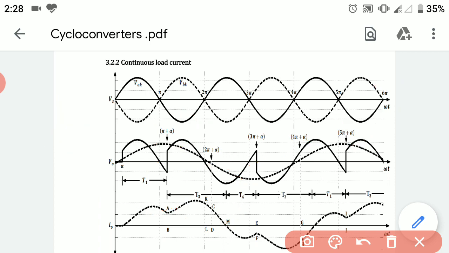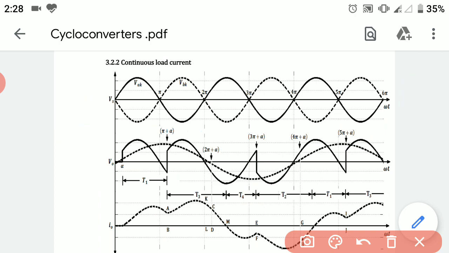Now, another important point here is that as we have studied the waveform for R load in various cycloconverters, in R load also there is a discontinuity in the output current, but in RL load we can actually improve this discontinuity into continuous load current by increasing the turn off time of thyristor T1. How can we increase the turn off time?